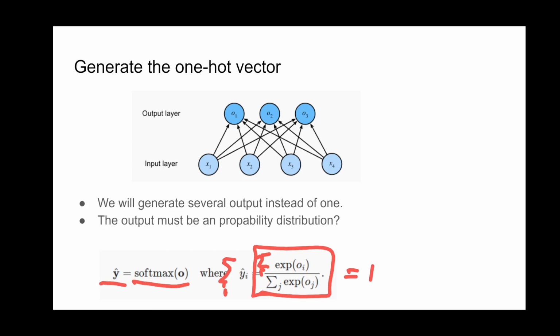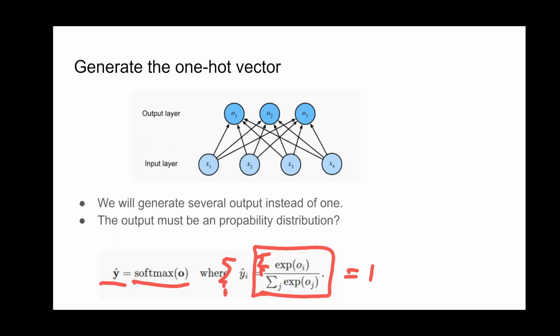But we must be very careful that this probability distribution is not a real probability. For example, if one value is 0.6 and the other value is 0.3, it doesn't mean that the probability is double.